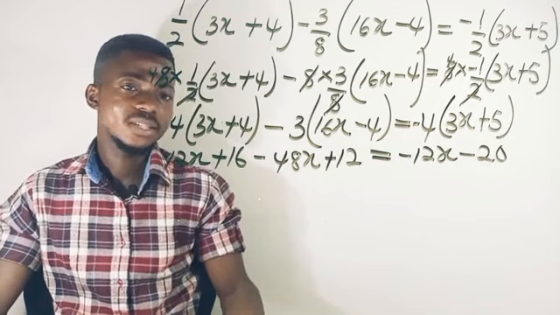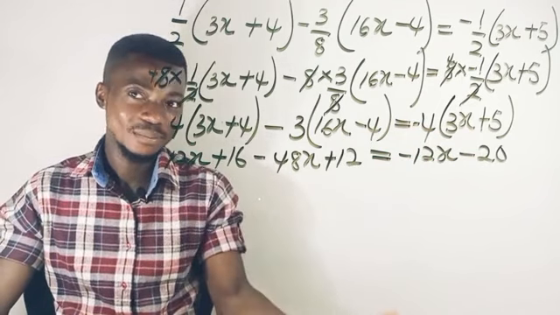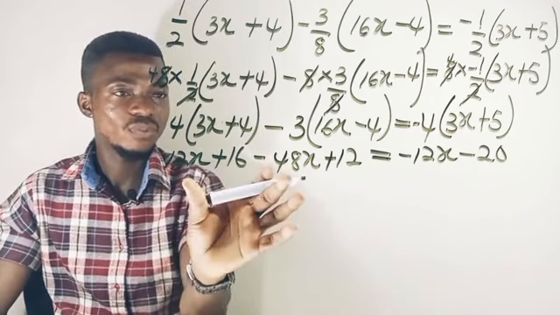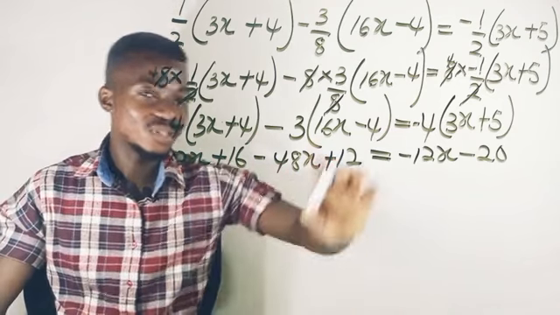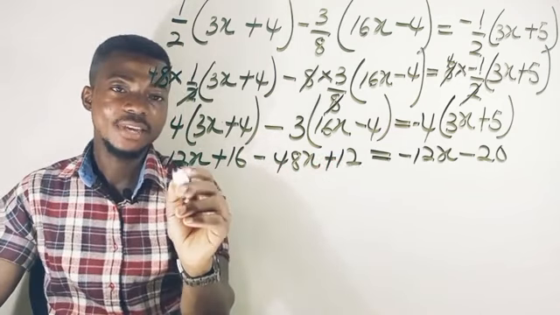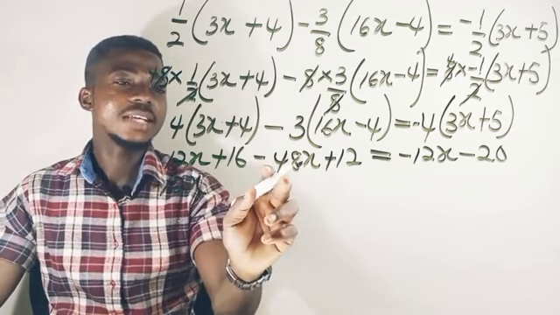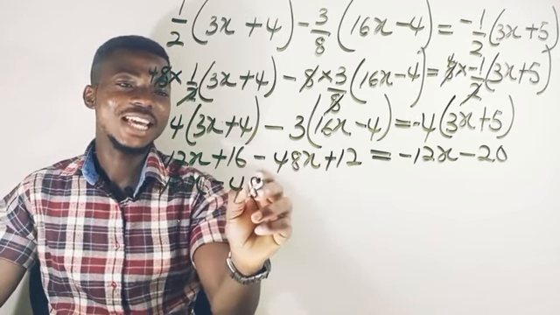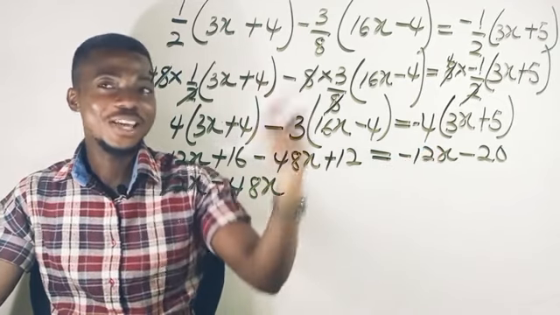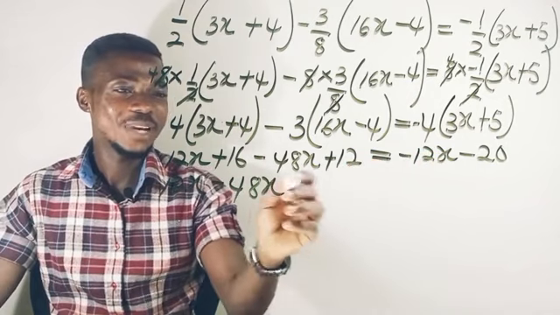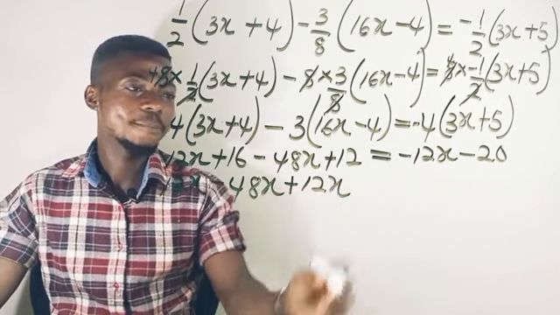Yeah? Great. So now what you're going to do, we have to group like terms. As I always say, you group like terms. So you put the x family at this side, then you take their numbers to the other side, okay? So we have here 12x, all right? This one, negative 48x, all right? Now there's an x here, so you bring it to the side. Now it's negative, so when it comes here, it's going to be a positive 12x, okay?